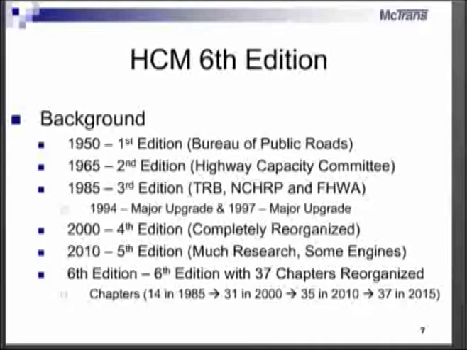We're up to 37 chapters, and 4 or 5 models are not even documented in text. The only place you can see the actual steps is by reading Visual Basic code in a spreadsheet implementation in a computational engine. But that complexity adds a lot more accuracy than we could do if we kept it simple.